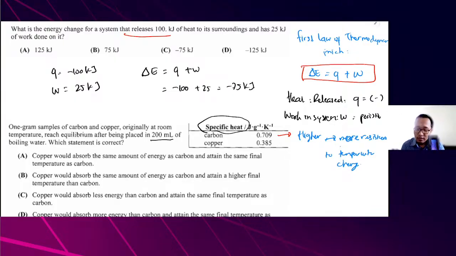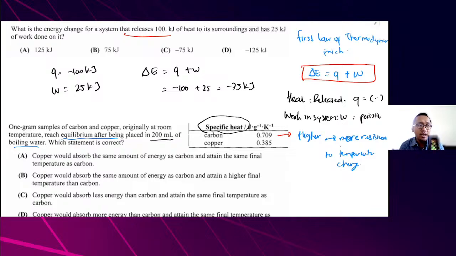Based on this information, let me re-explain. Both samples have the same mass, and they reach equilibrium after being placed in boiling water, so they reach the same final temperature.